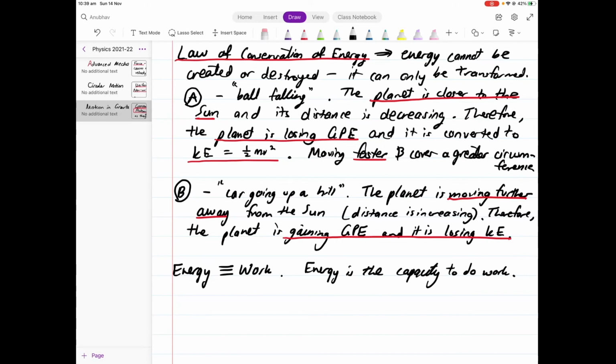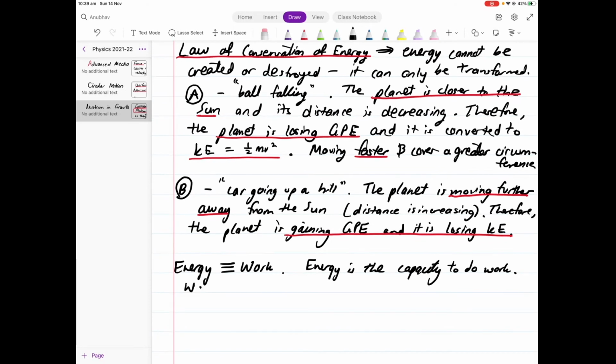Does that kind of make sense? Yeah. Energy is the capacity to do work, and it works both ways. Work done on an object changes its energy. So this is the energy and work equivalence principle.